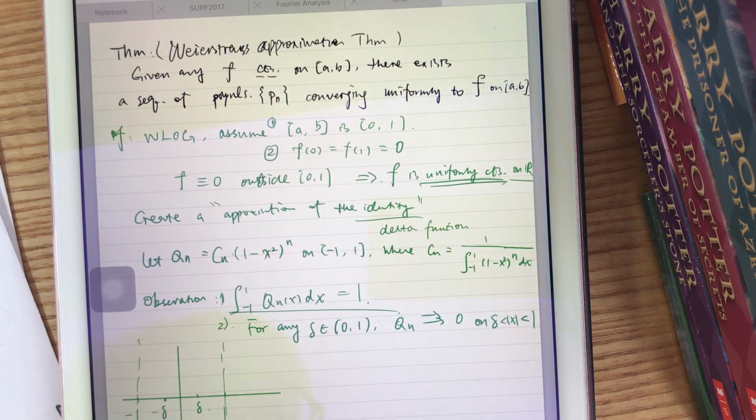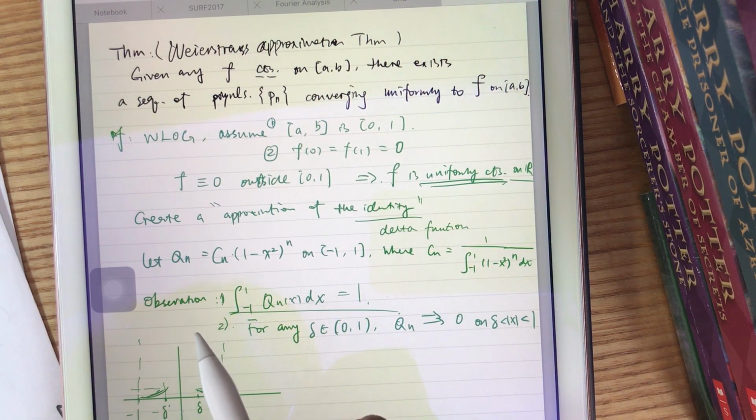But you will find that when x is in this part, the function is getting smaller and smaller, closer and closer to 0. And between minus delta and delta, it pops up.